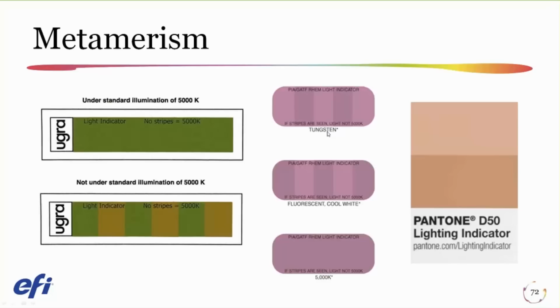And here notice under tungsten, this lighting indicator, sometimes also called a REM indicator by the gentleman who invented it, the outside and middle stripe are lighter under tungsten. They're darker under cool white fluorescent. This should be really thought of as an indicator of a fail strip, not necessarily a pass.